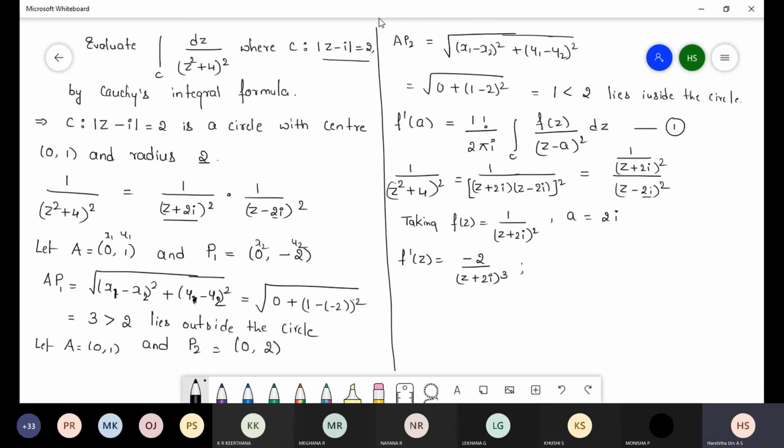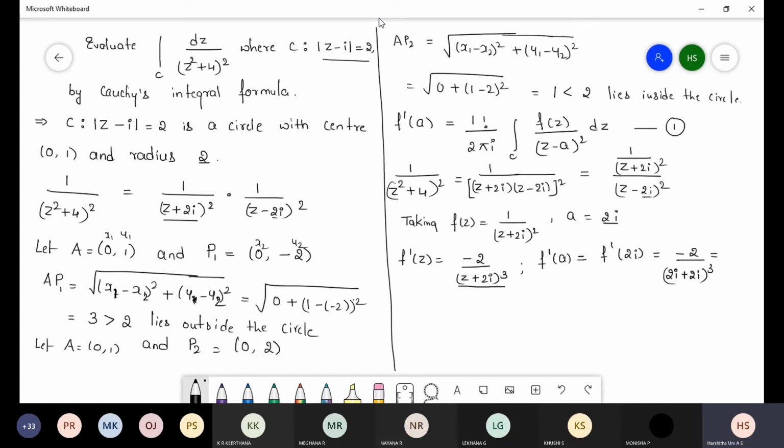Differentiate this one. f dash of z is equal to minus 2 divided by (z plus 2i) whole cube. Again, f dash of a means f dash of 2i, because here the a value is 2i. So we substitute in this formula: minus 2 divided by (2i plus 2i) whole cube.